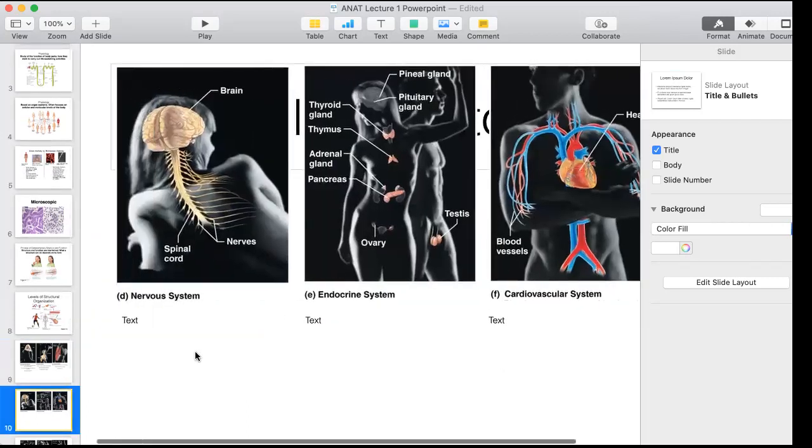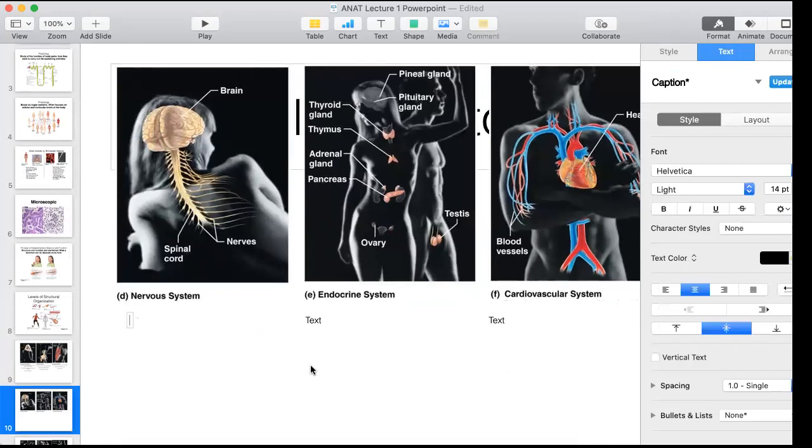Okay, so next we have the nervous system. And the nervous system is comprised of the brain and the spinal cord and the attaching nerve fibers. And what this does is it allows us to process sensory information and determine a voluntary or involuntary response.